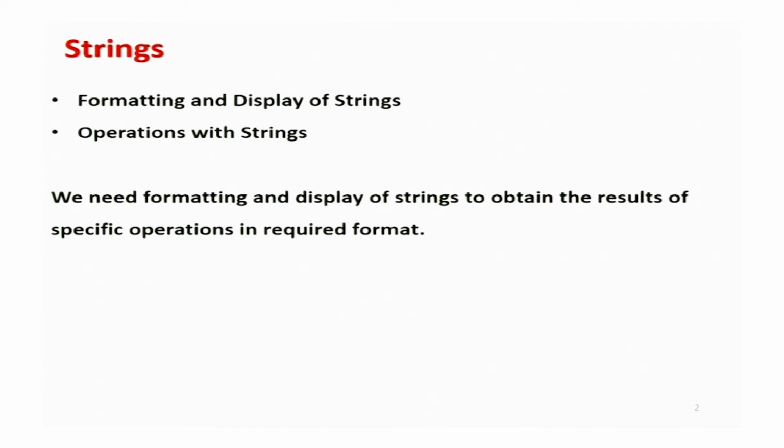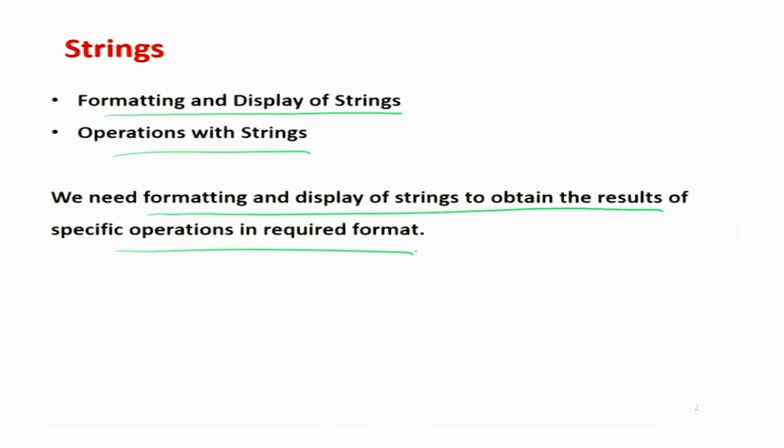Whenever you are trying to work with strings, you would like to present them in a formatted way, and you want to control the display of the strings. Sometimes you want to operate on those strings also, so that you get a required outcome. So, we need the formatting and display of strings to obtain the results of a specific operation in a required format.